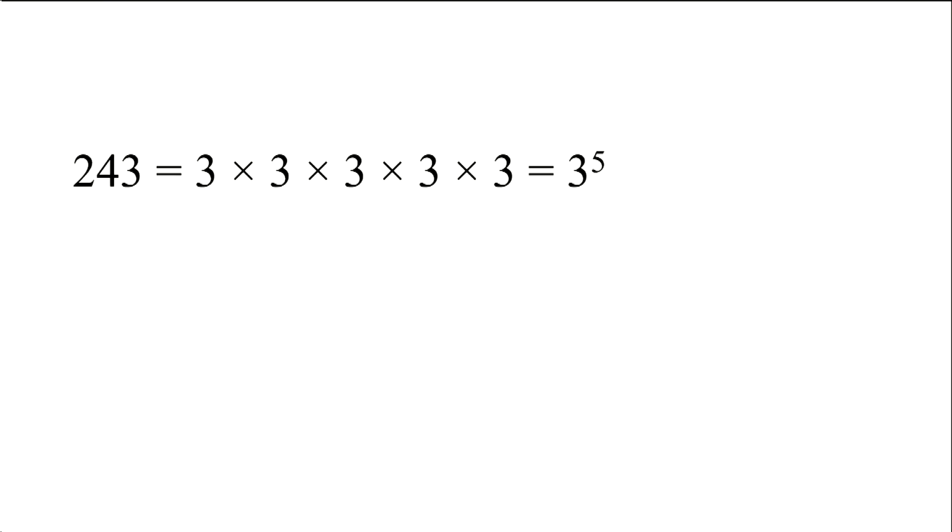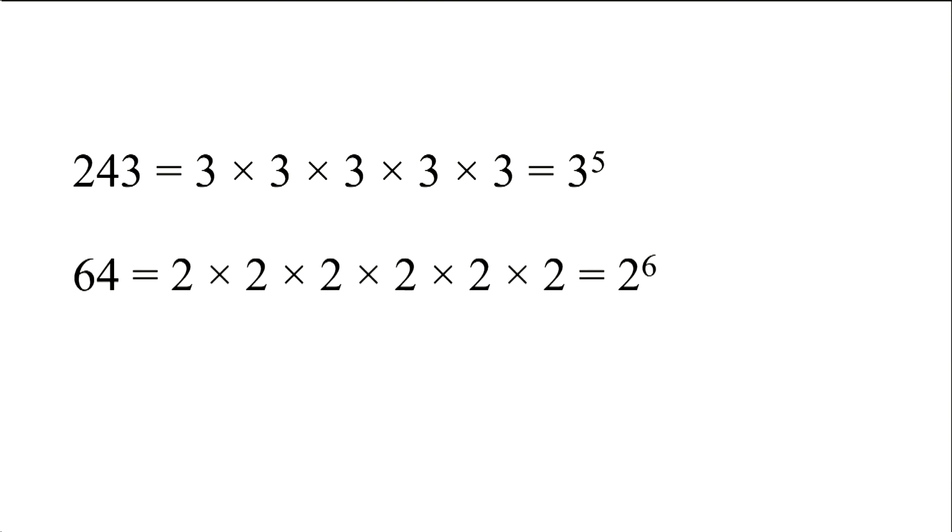Now, let us come to another example. If we divide 243 by 3, it is going to be divided 5 times. Therefore, that can be expressed as 3 into 3 into 3 into 3 into 3, that is 3 to the power of 5. Similarly, 64: when we divide 64 by 2, it is divided 6 times.